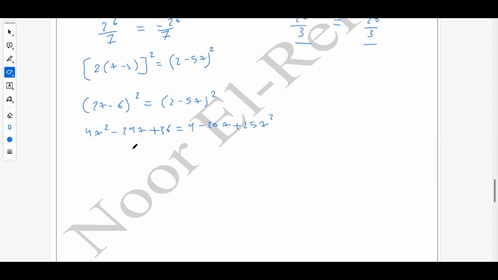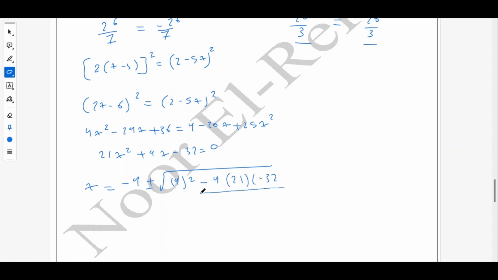I'm going to move all the terms on the left to the right. 21x squared plus 4x minus 32 equals 0. Use the general formula: negative 4 plus or minus the root of 4 squared minus 4 by 21 by negative 32, over 21 by 2.